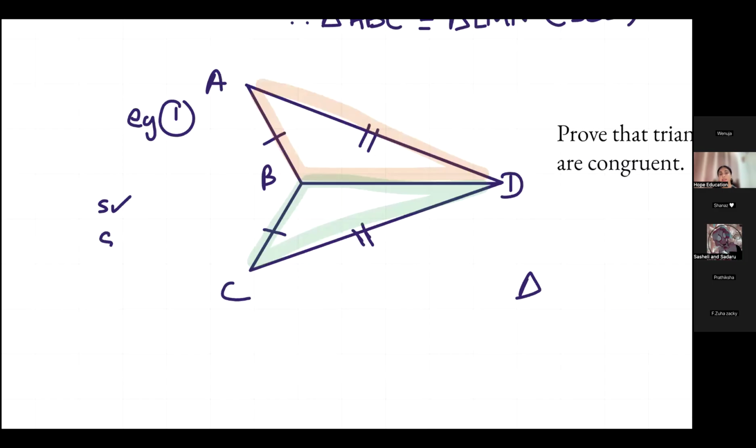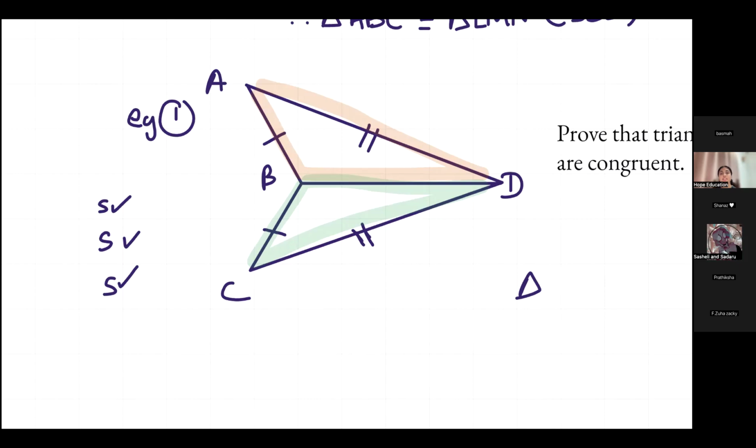What about BD? What is the reason why they are equal? Common side. So since BD is the common side, we have three pairs of sides which are equal. So they are congruent using SSS.